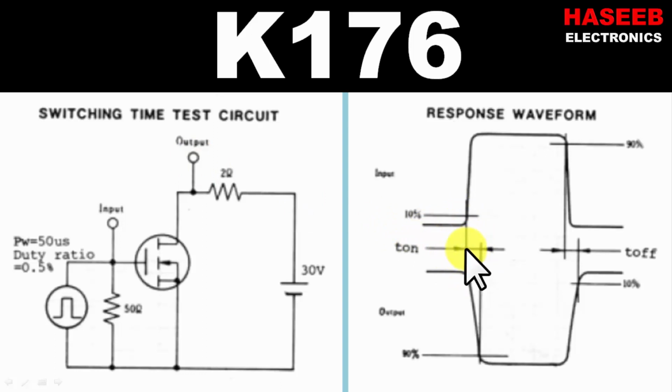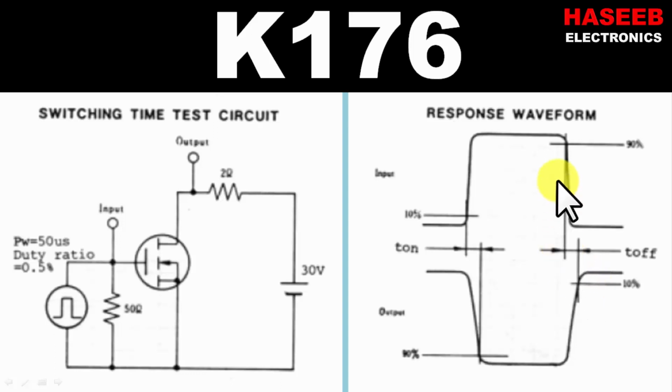We have to calculate the time from this point, the starting edge, to the starting edge of the output signal. It should be less than 250 nanoseconds. Then we have to disconnect the signal. When the signal is disconnected, at 90% of the drop, the trailing edge, and this rising edge at 10%.